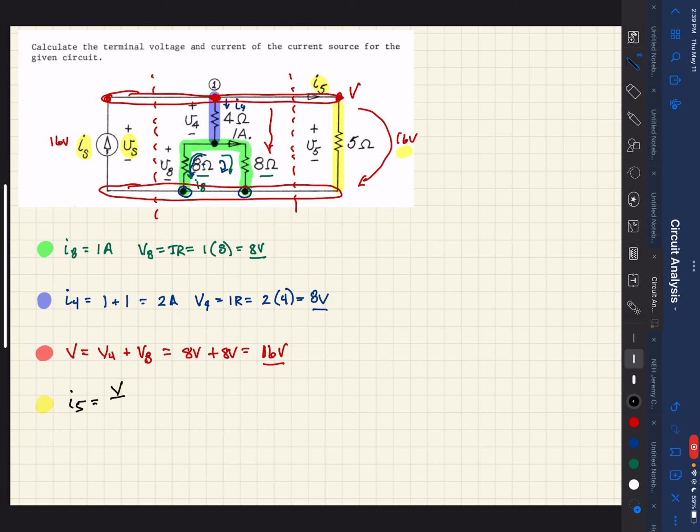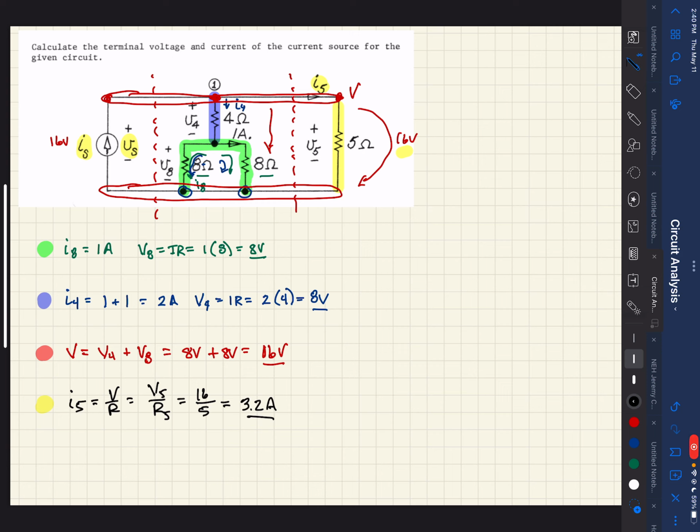From Ohm's law, I5 is voltage divided by resistance. This is equal to the voltage V5 over the resistance 5, so that's 16 volts over 5 ohms. Plug that into the calculator and we should get 3.2 amps.